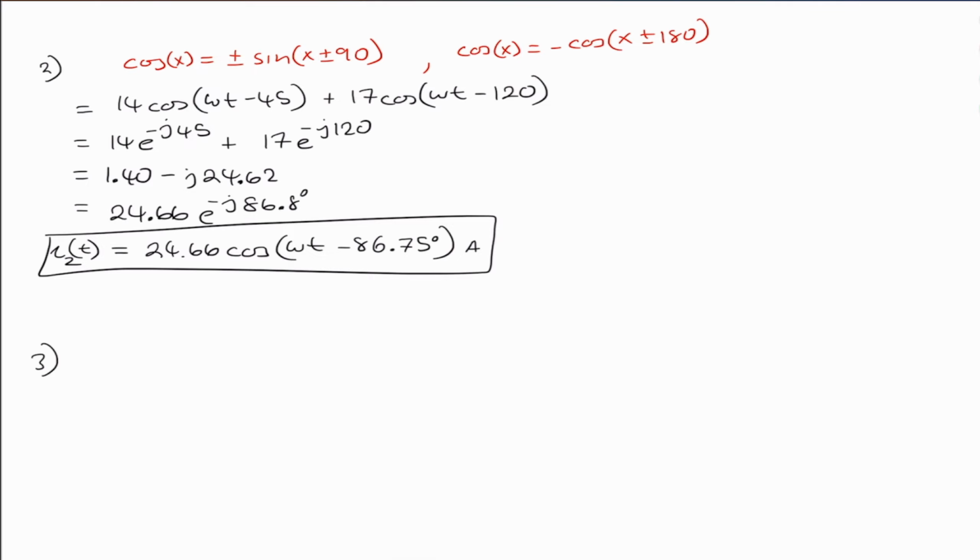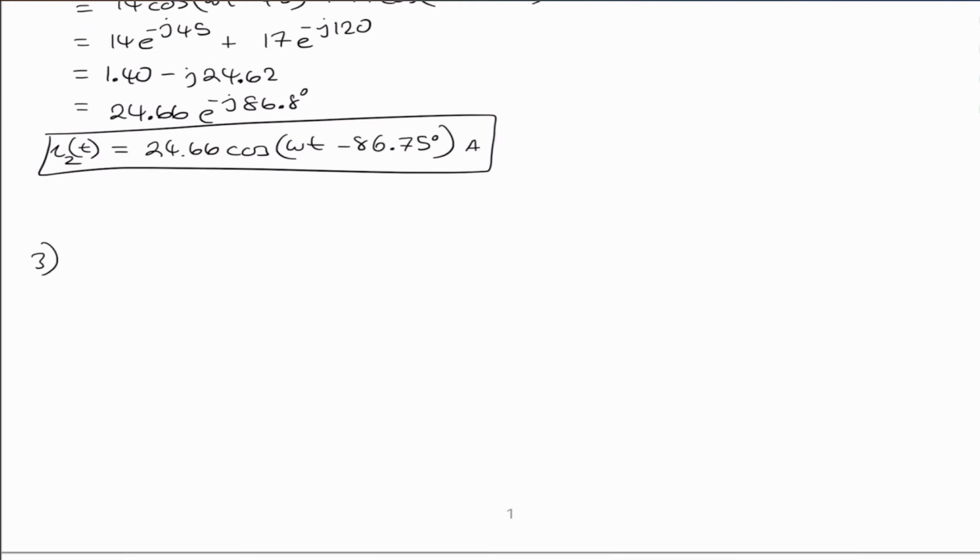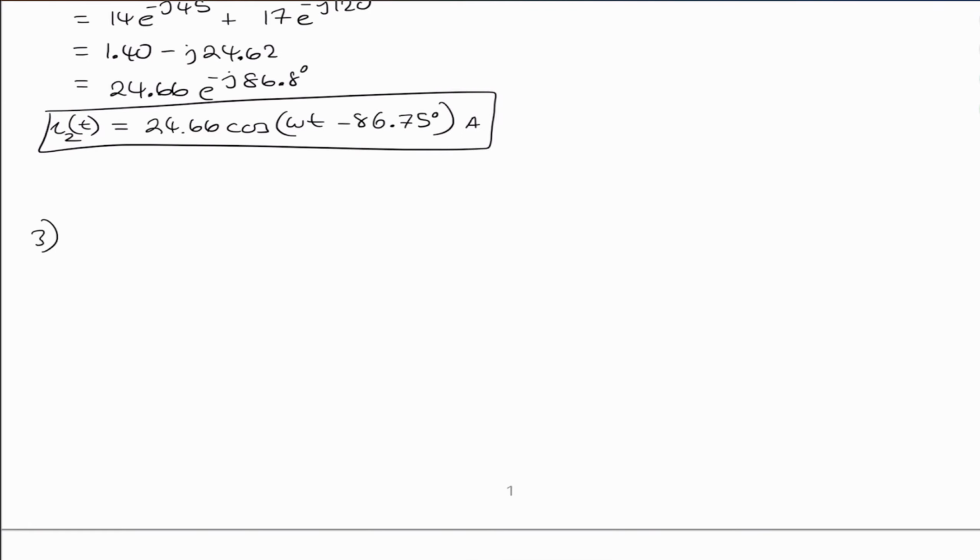So we're going to use a times cosine omega t, and in the phasor domain that's just equal to a. Then we're going to use a times sine of omega t.